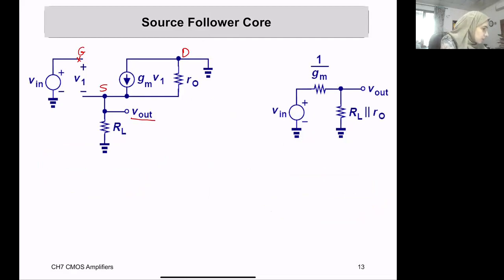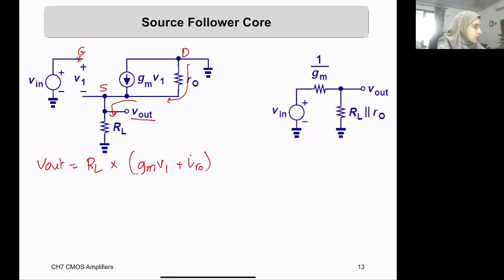So first, Vout is equal to RL multiplied by the current that is going here, which is Gm times V1 plus the current that is going through this, call it IR.